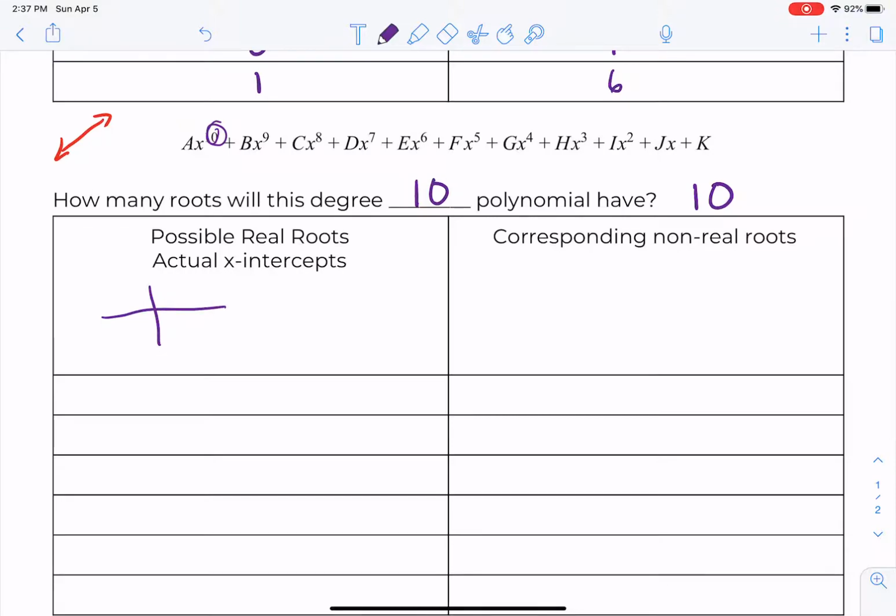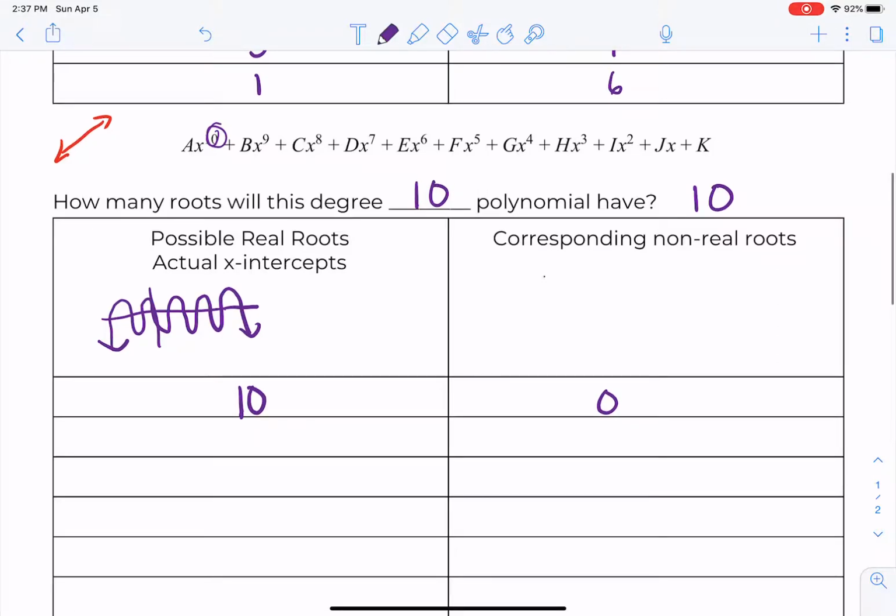With even degree, this thing is going to have arms facing the same direction. 1, 2, 3, 4, 5, 6, 7, 8, 9, and 10. That crosses all 10 times. So you could have 10 real roots, which would leave us 0.